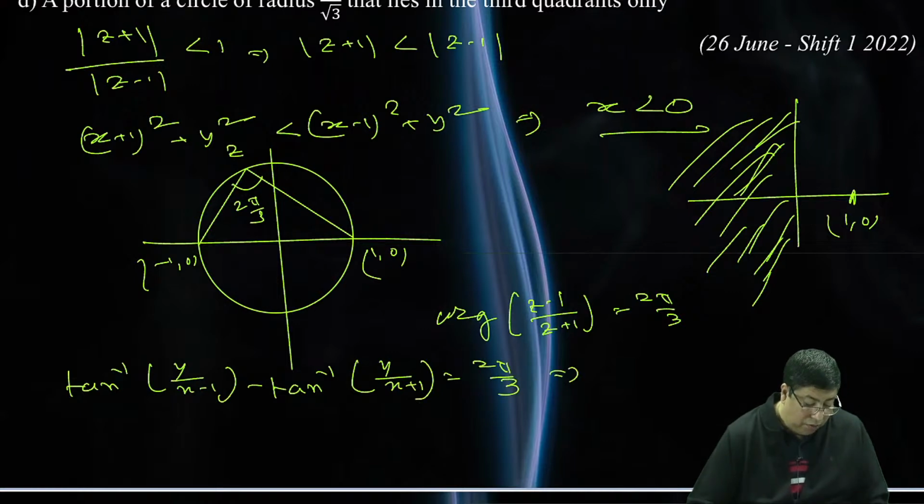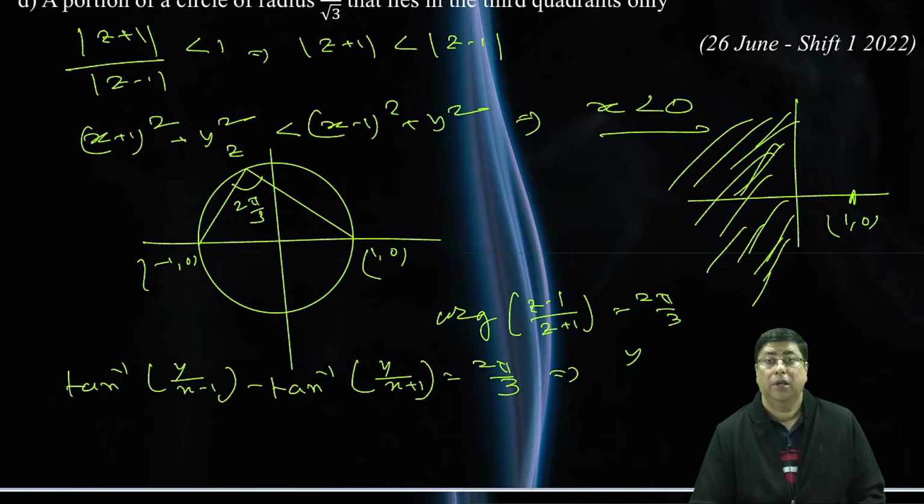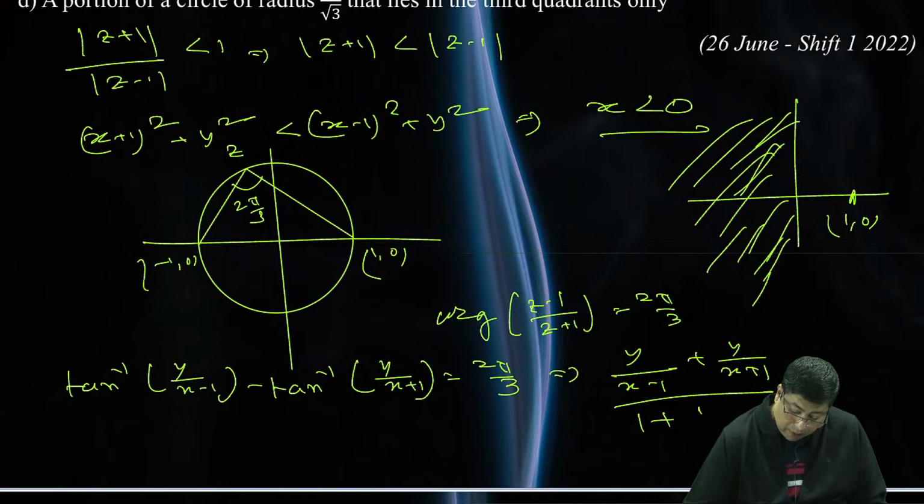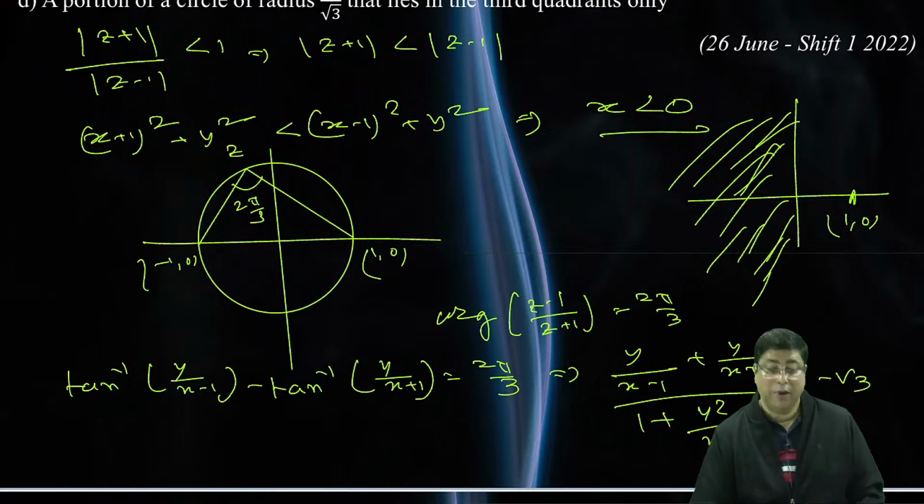If we apply the tan inverse x minus tan inverse y formula, we get y by x minus 1 minus y by x plus 1 divided by 1 plus y square by x square minus 1 equals minus root 3, since tan of 2 pi by 3 is minus root 3.